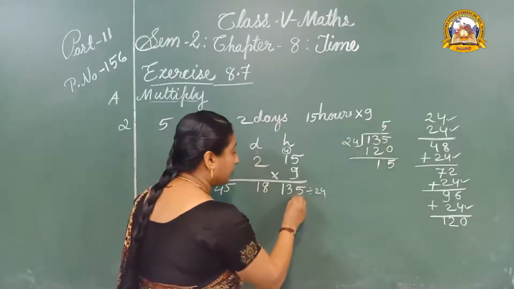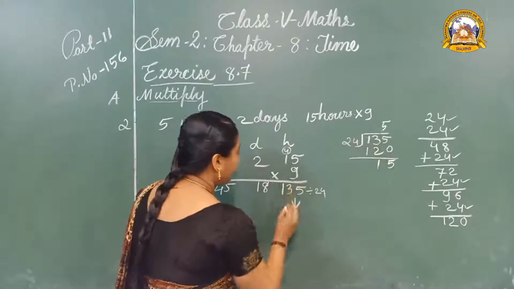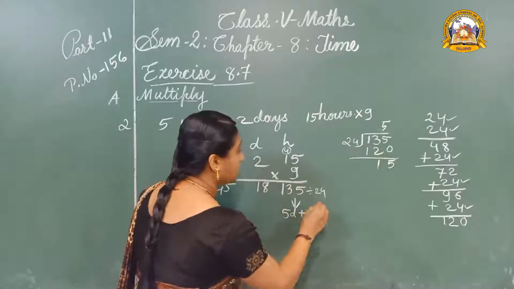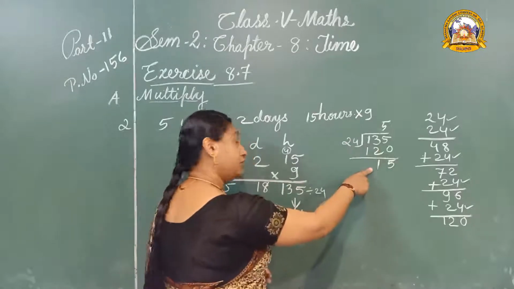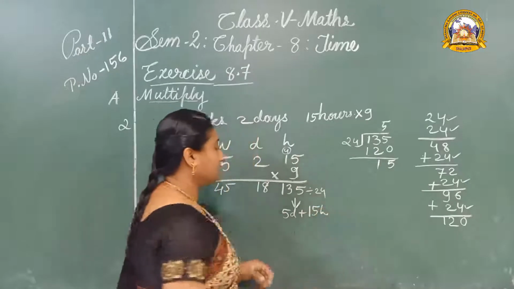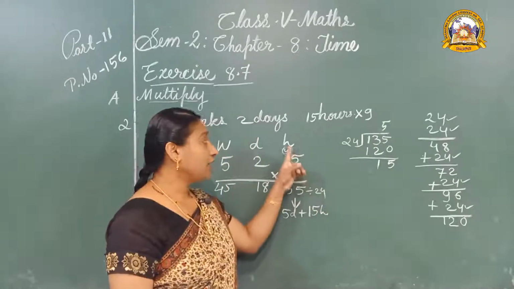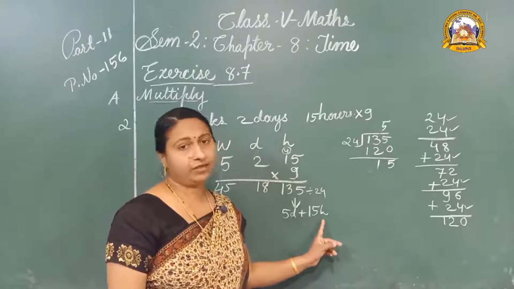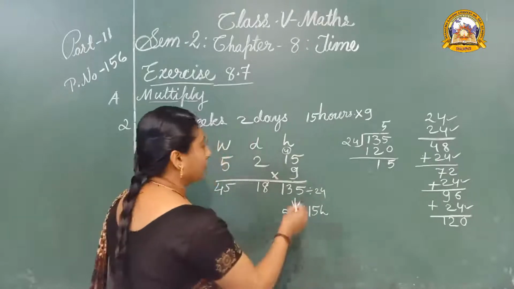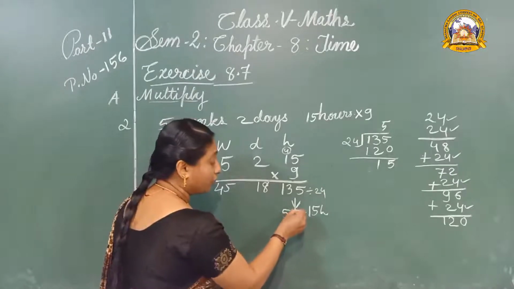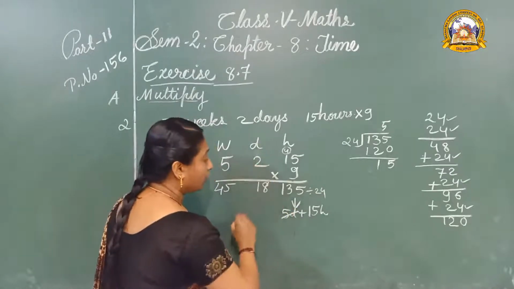Let us split it. 5 days plus 15 hours. 135 hours means 5 days and 15 hours. Now let us carry this 5 days to the days column.